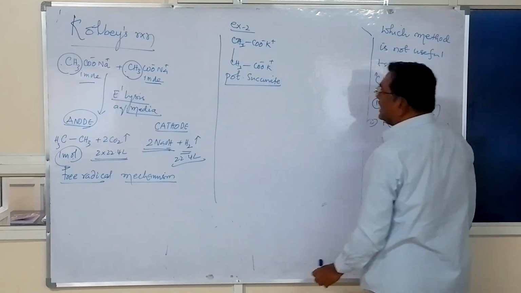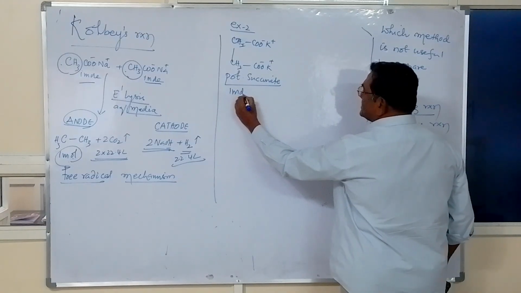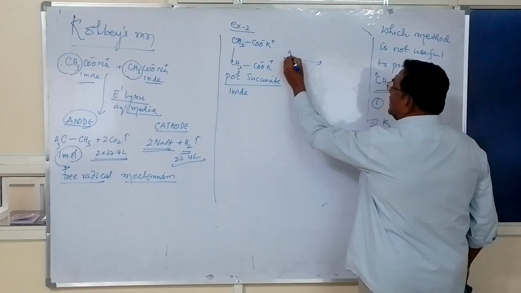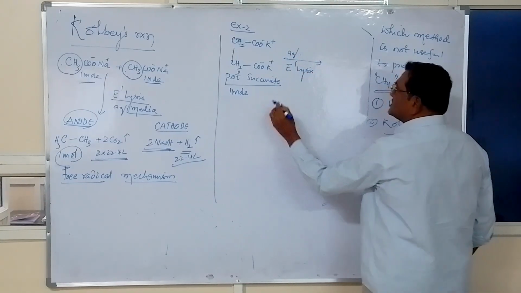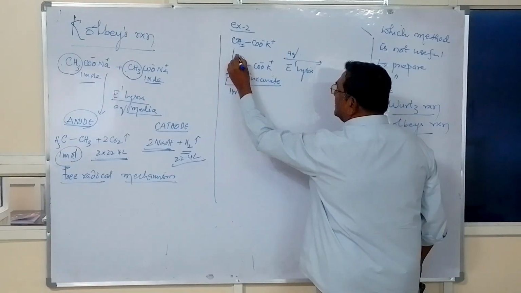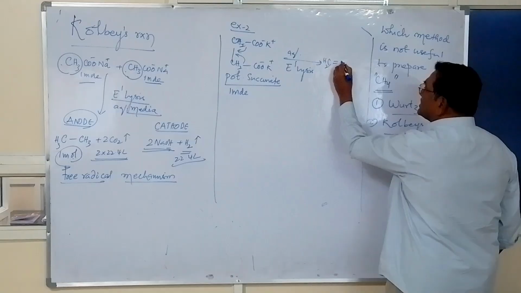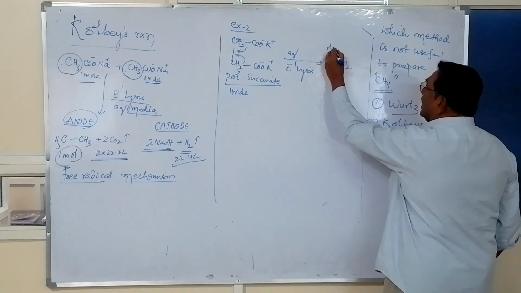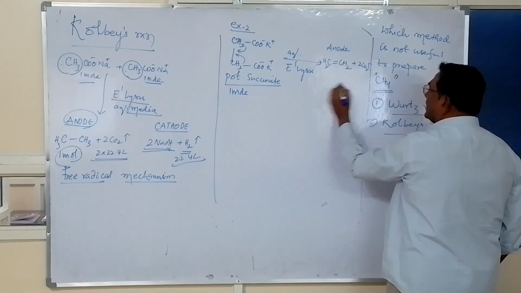If I have taken potassium succinate as the compound, 1 mole of potassium succinate is subjected to electrolysis in aqueous media. Here you are getting, children, by the free radical mechanism only, ethylene gas at the anode and also 2 moles of carbon dioxide at the anode.